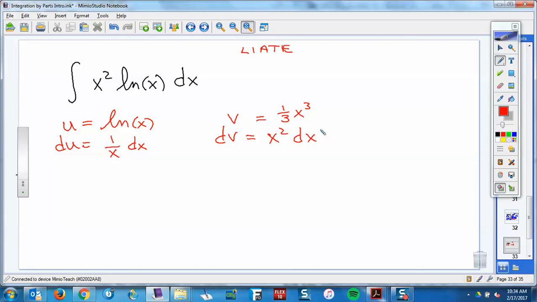On their dv, when they went from dv to v, they would do the derivative then and put a 2x instead of doing the antiderivative. So that's key. All right, so the formula is u times v. So I would probably put the v first in this case. 1/3 x cubed times ln x. So that's u times v, minus the integral of v du.